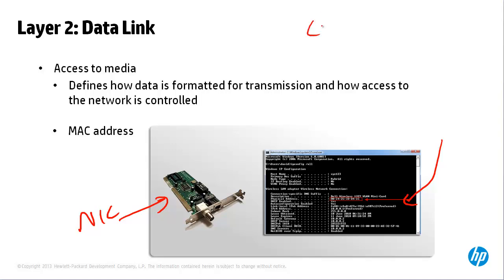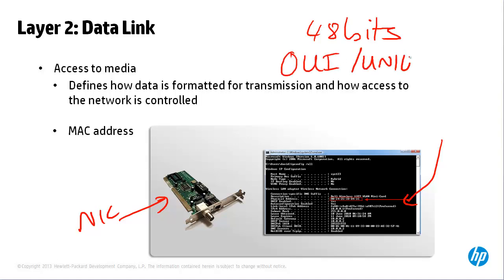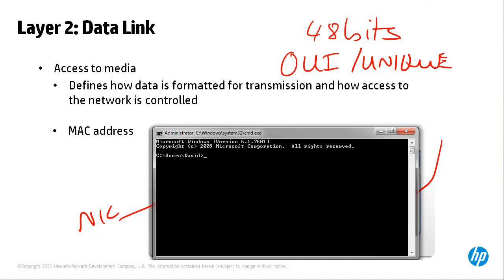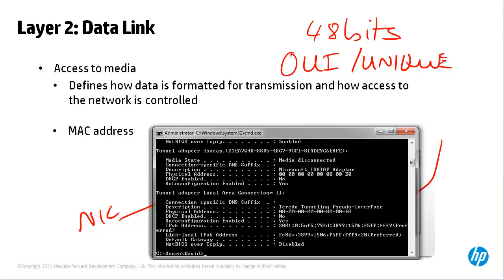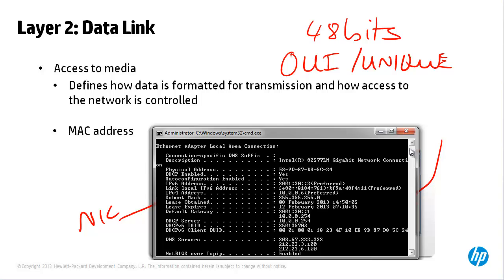MAC addresses are 48 bits in length, and they're broken up into 2 pieces. We have what's called the organizational unit identifier, and then a unique portion for this specific network card. We'll spend some time looking at this later, but as an example, on my PC, using the command ipconfig/all, I'll be able to view the MAC address of my network interface card.